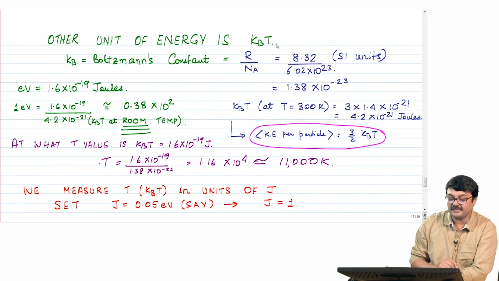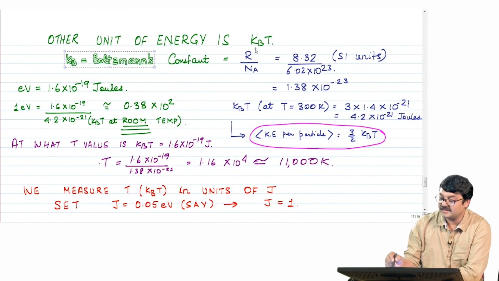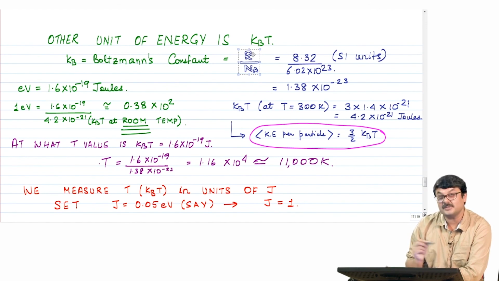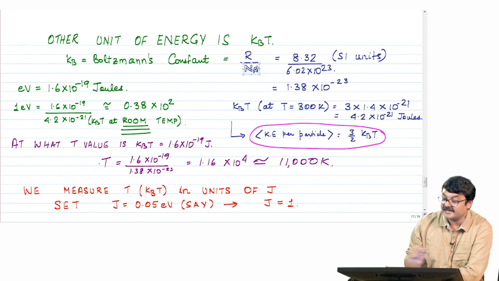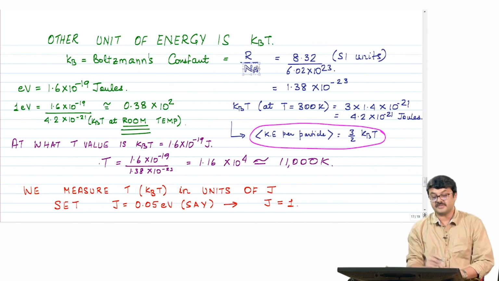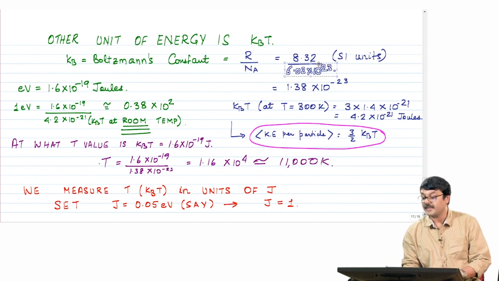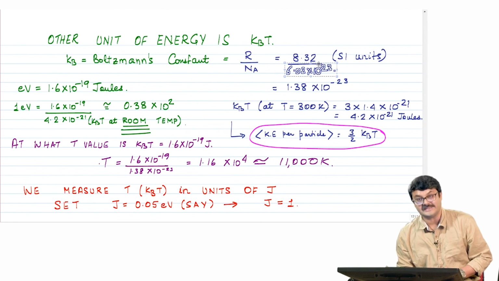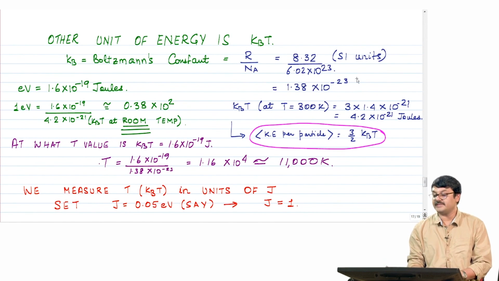Now, how is kBT measured? kB is the Boltzmann constant, which is written as R by Na, where R is the gas constant, from PV equal to nRT, whose value is 8.32 in SI units, whereas Na is the Avogadro number of atoms, which is 6.02 into 10 to the power 23. And this gives the value, if you divide, 1.38 into 10 to the power minus 23 in SI units.